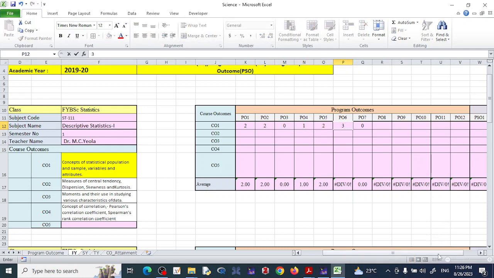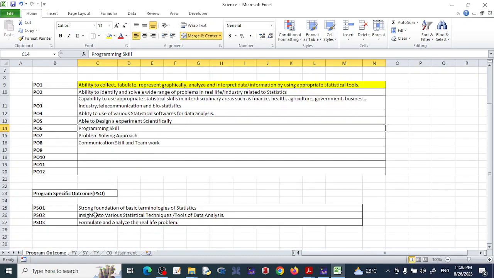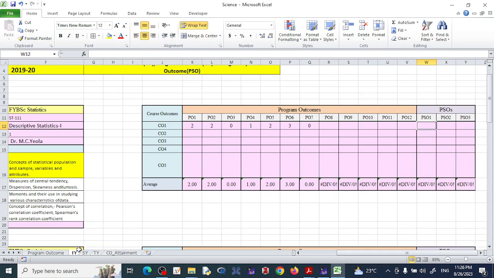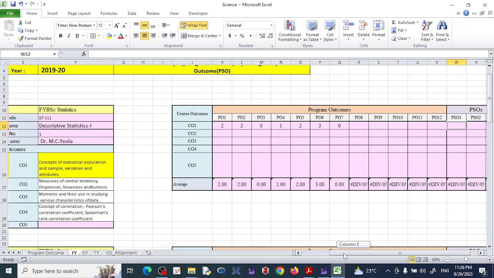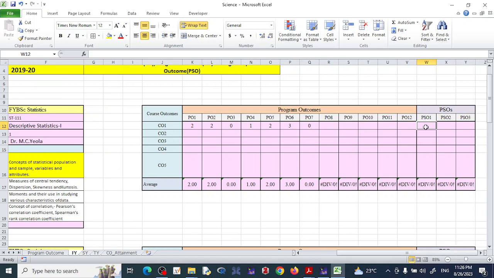In the same way, write down program specific outcome values. So CO1, program specific outcome 1. Program specific outcome 1 is strong foundation of basic terminologies of statistics, and against the CO1 concept of statistical population, I think that only one of the three is achieved during this course.